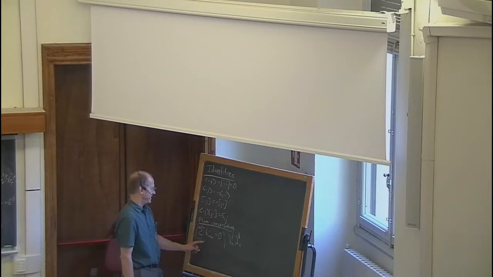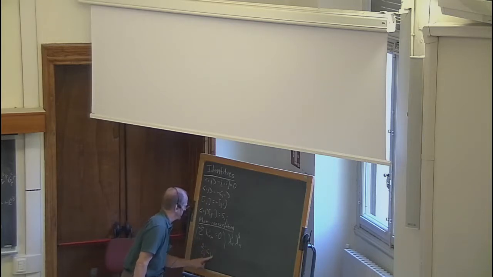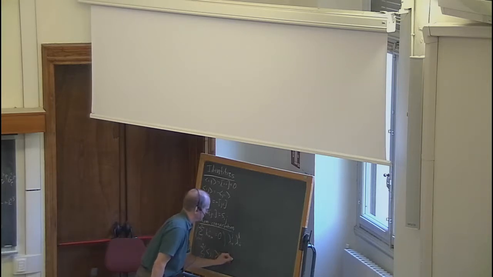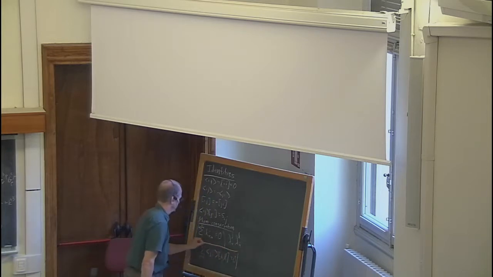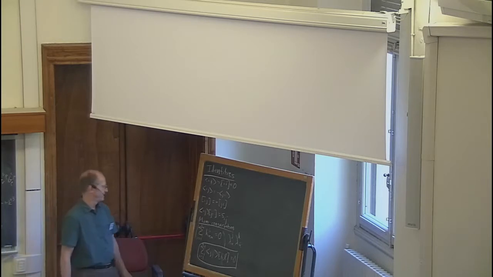And when I do that, I'm going to get a relation which is the sum i equals 1 to n of the angle bracket ji, the square bracket il, equals 0. So that's an important identity.